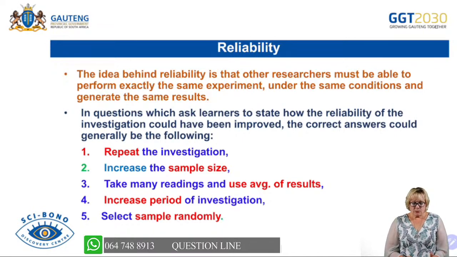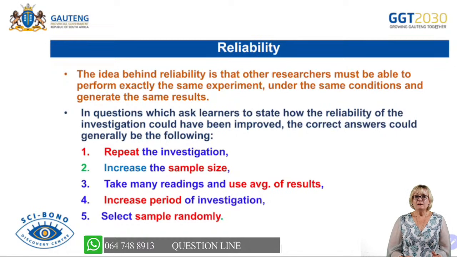In questions which ask learners to state how the reliability of the investigation could have been improved, the correct answer could generally be the following. So remember, reliability is somebody else must go and do this experiment and get the same results as you. So it's all about the results.